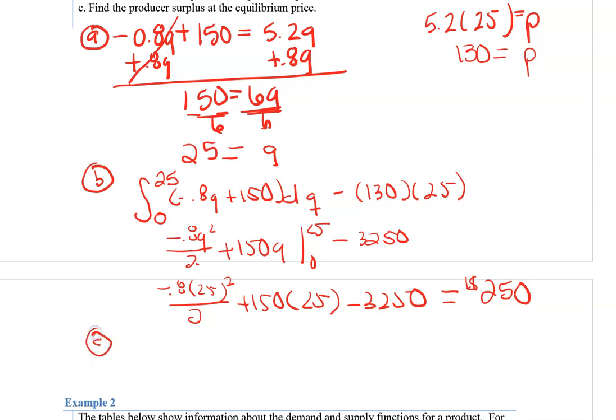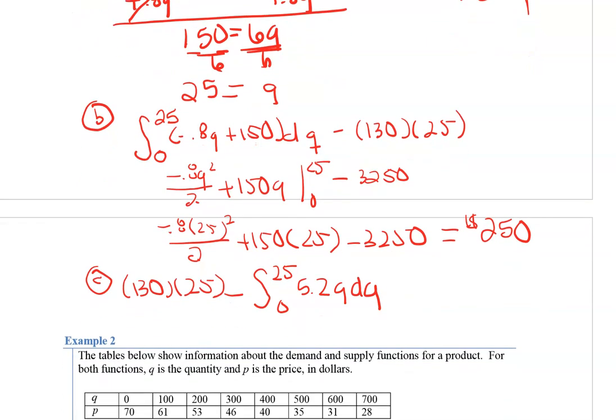In order to find your producer surplus, we're just going back up to that yellow box. First, you multiply your two equilibrium values together. So that's 130 times 25 minus, now you integrate from 0 to 25 of your supply equation, which was 5.2q dq, and then we're going to work this problem.